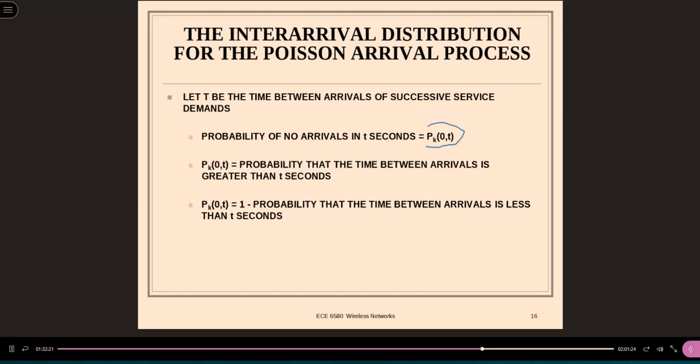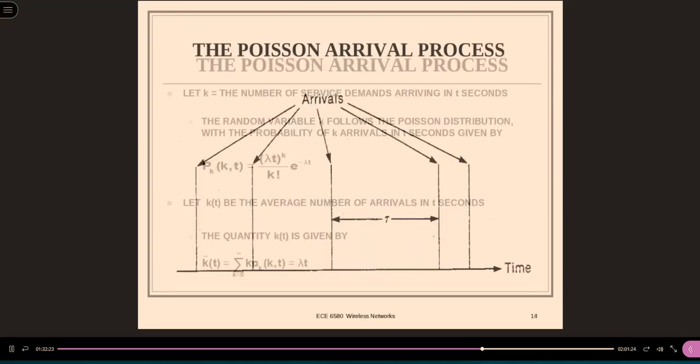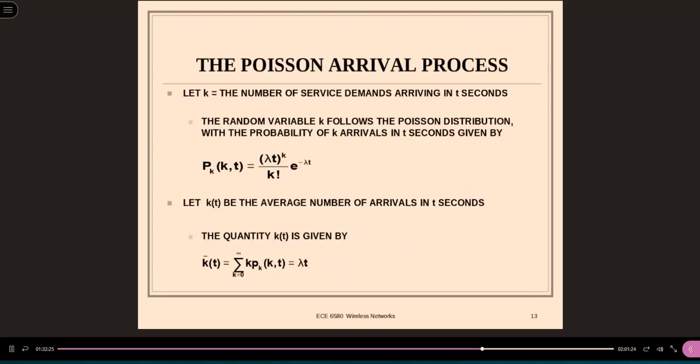So going back to the formula we had before, if we are interested in k equals 0, no arrivals in t seconds, all we have to do is plug in k equals 0, and we get lambda t to the 0 power, which is 1. And 0 factorial by definition is also 1. And so we get e to the minus lambda t as the probability of 0 arrivals in t seconds.